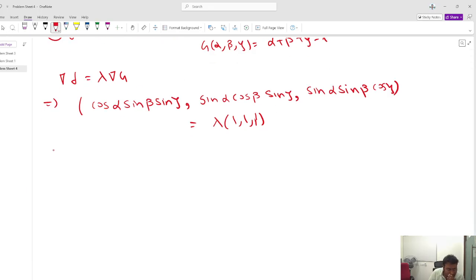Now, what you can do is, you have cos alpha sine beta sine gamma equals lambda, and this is also equal to sine alpha cos beta sine gamma.